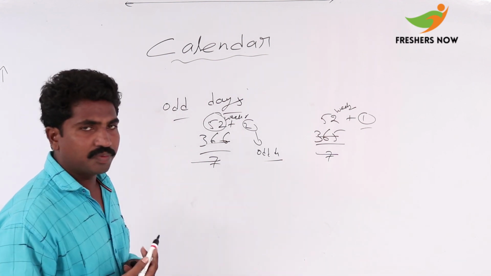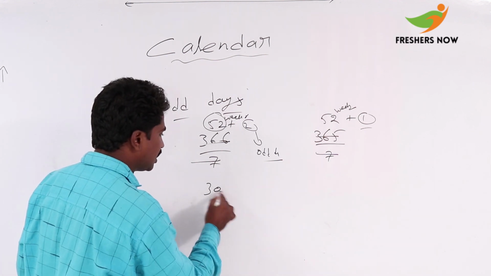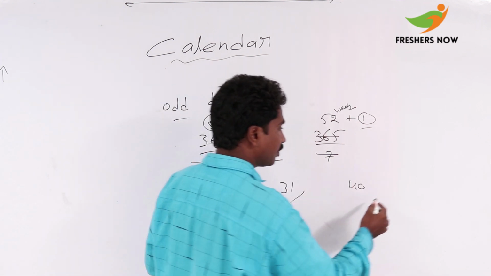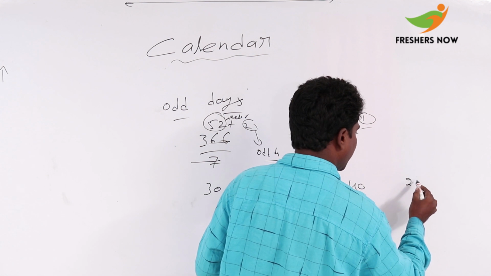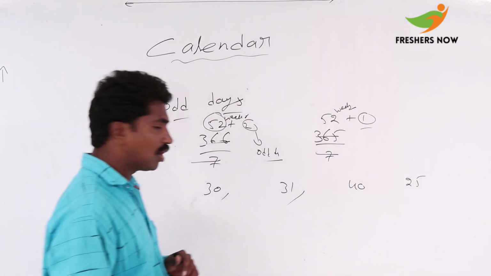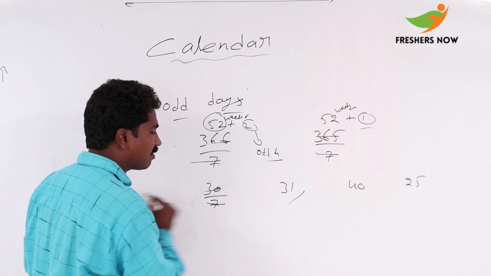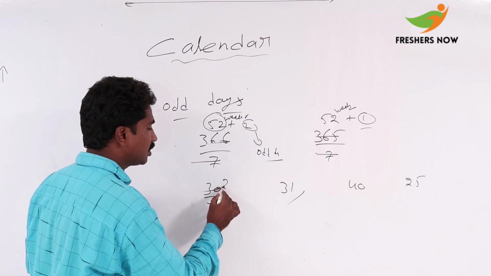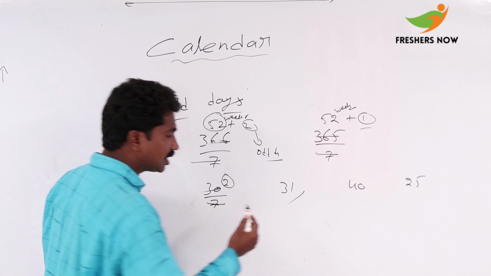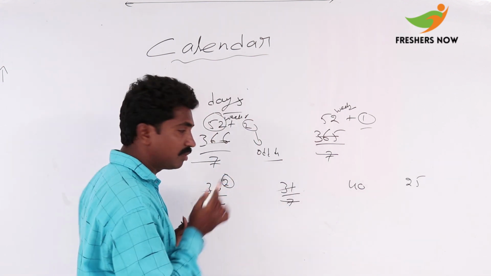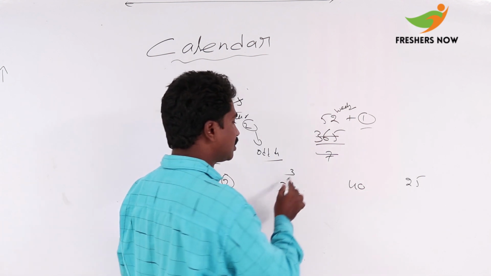For example, if you take some more days: 30 days, 31, 40 and 25. How many odd days are there? Here 30 divided by 7, 7 fours are 28, remaining 2. So it has 2 odd days. If you take 31, 7 fours are 28, remaining 3. It has 3 odd days.